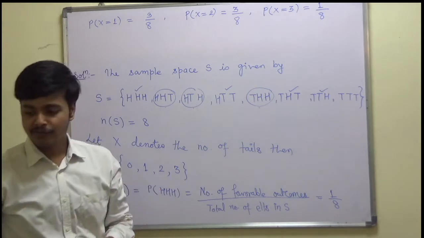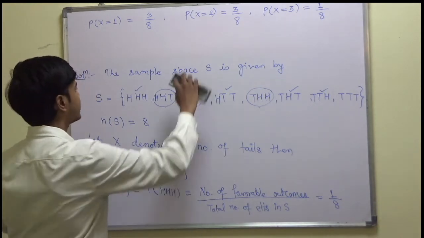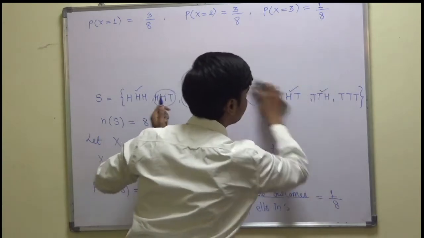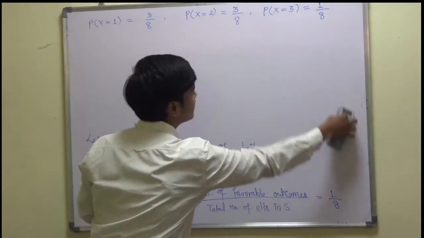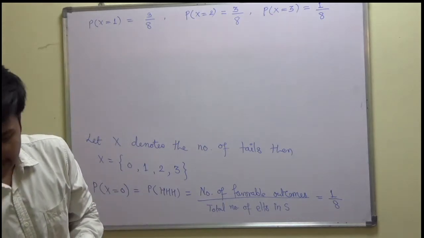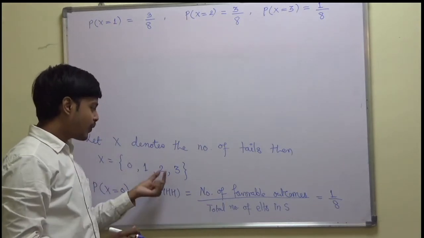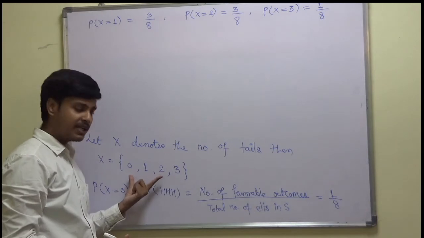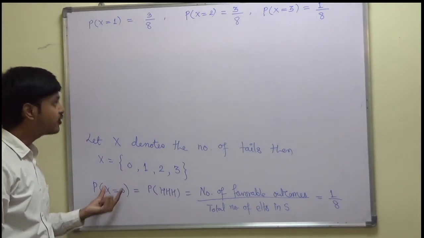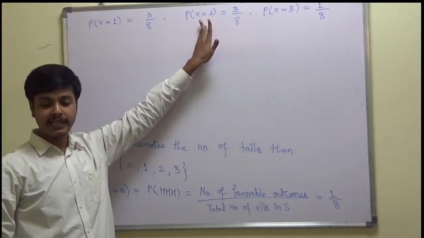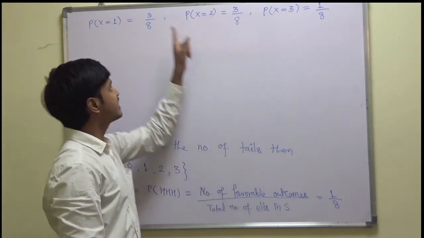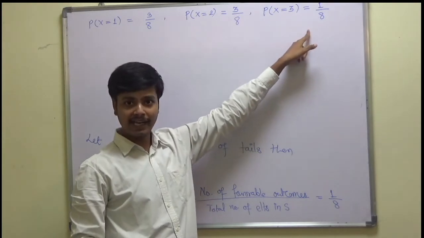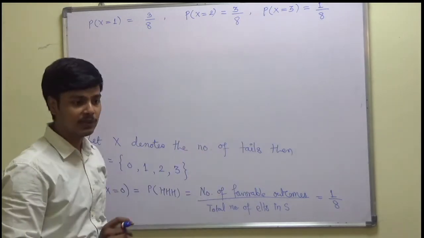Now we have to write down the probability function. So what does the probability function say? The probability function says that for all the elements of the random variable you find probabilities. And what you need to check is whether all the probabilities are greater than 0 and the sum of the probabilities is equal to 1.